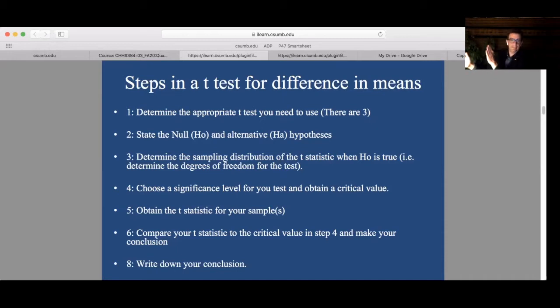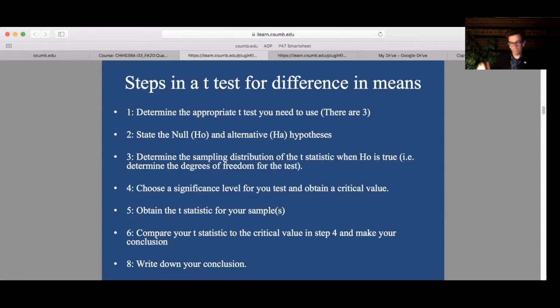But if this t that we got from our sample is lower than that rare value, that means that the t that we got is pretty common when you're sampling from a population where there is no relationship. So we cannot reject that null, right?